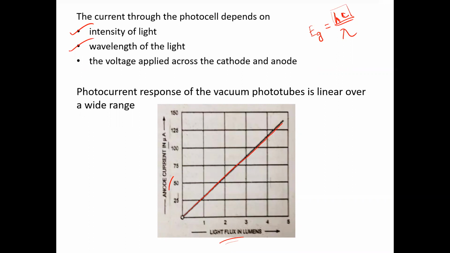Now, the voltage applied across the anode and cathode is also crucial, because a sufficient amount of voltage difference has to be created between the anode and cathode, so that the potential difference can drive the electrons from one side to another.